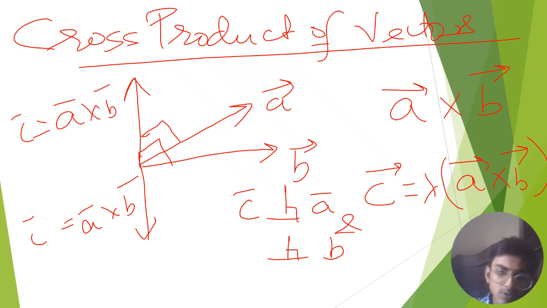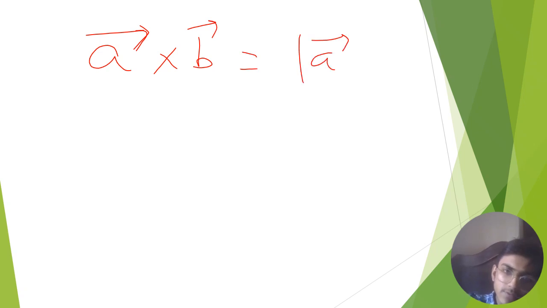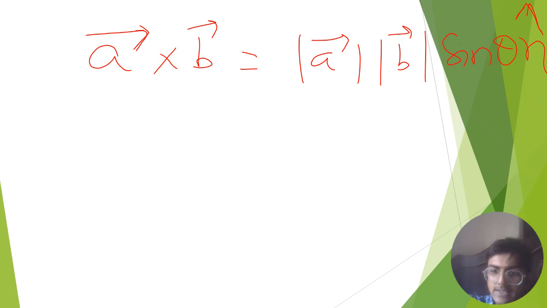Okay. Now what is the mathematical formulation of A cross B? So A cross B is actually magnitude of A into magnitude of B into sine theta, where theta is the angle between A and B vector, okay, and into n cap. This n cap is the unit vector, as we saw that there are two directions possible.